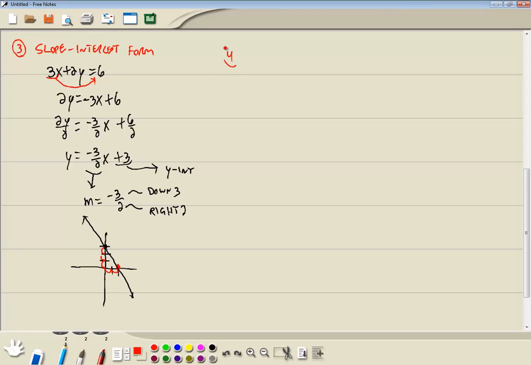Now the fourth method we're going to take a look at is the TI-83/84 calculator. Now you have to get y by itself. So we can use the fact that y is equal to negative 3/2 x plus 3 from our previous method here. Once you get y by itself, then you basically just plug it in as you see it into your calculator.